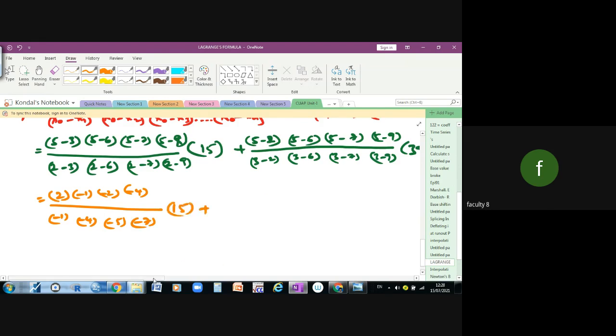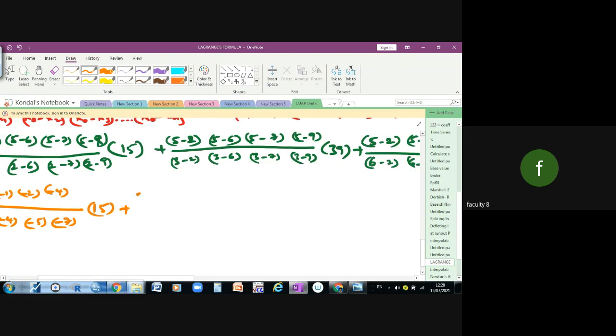Like that we can subtract the values. So here 3, minus 1, minus 2, minus 4, divided by plus 1, minus 3, minus 2, minus 6, into 39.